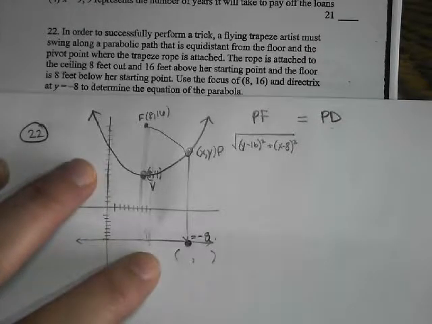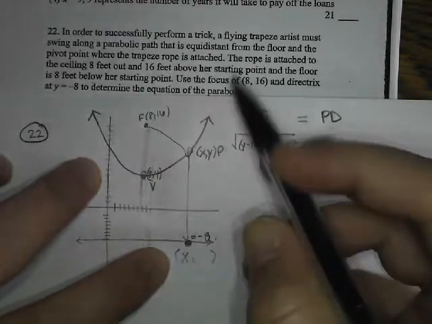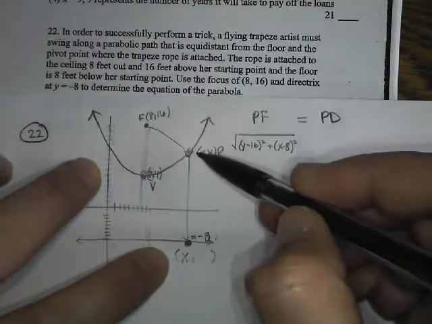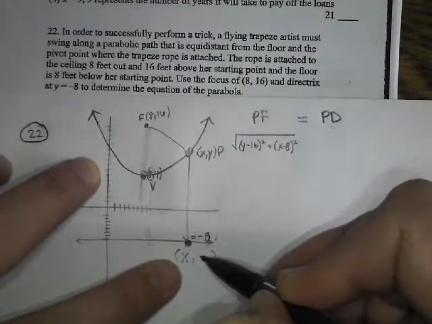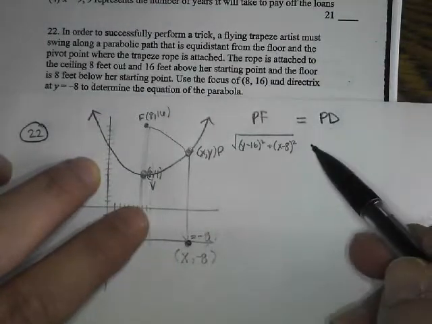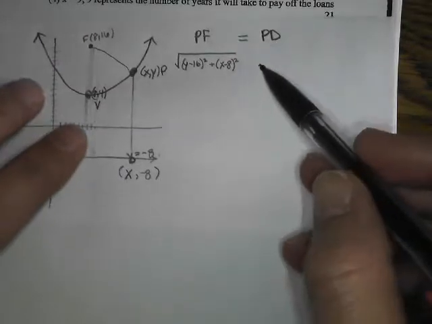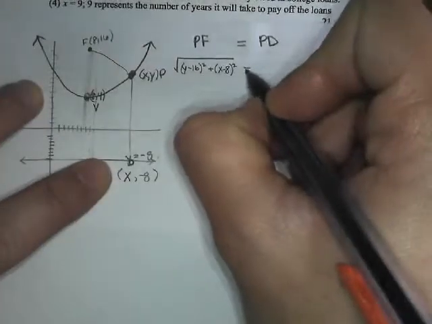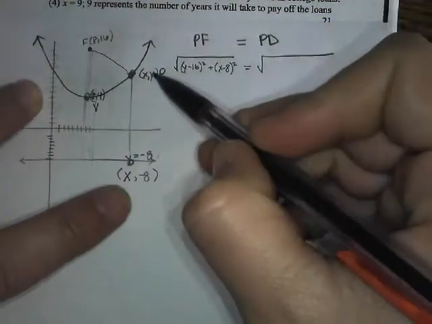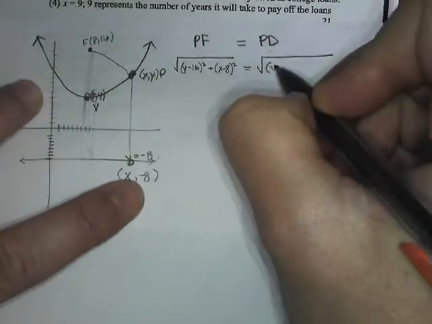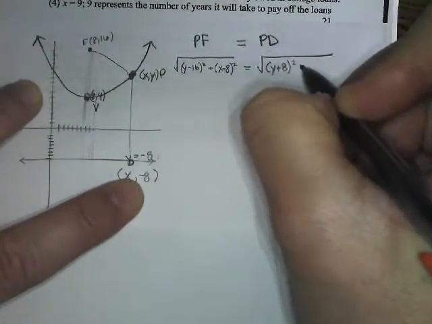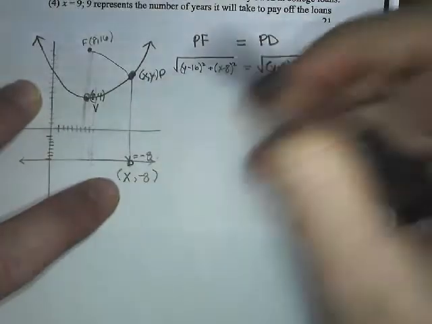Perfect. We don't know the x number. It's just the same as whatever this x is, but the y coordinate is negative 8. So when we go to do our distance formula over here, we have y minus negative 8, which will be y plus 8, and x minus x, which is just going to cancel.